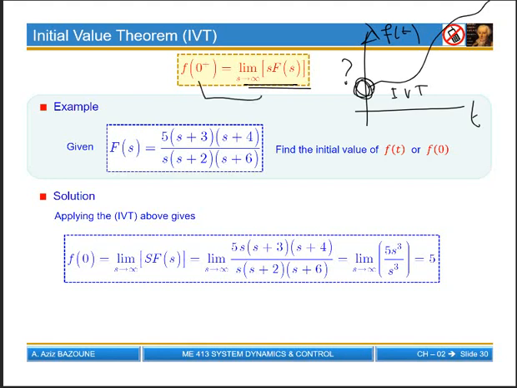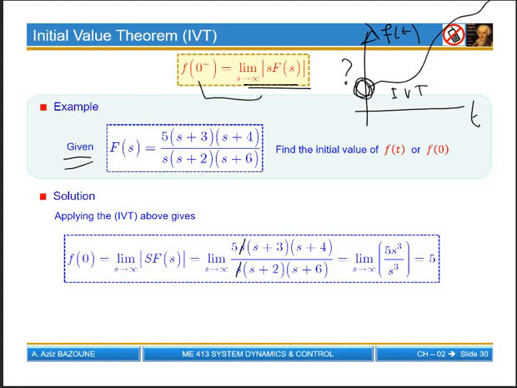So the limit of f of 0 is simply equal to the limit of s F of s when s goes to infinity. If you have an expression of s like this, to calculate f of 0, or the limit of f of t, we just calculate this limit when s goes to infinity. When we multiply by s here, we can simplify this s with this s. And then, can we simplify here, guys?